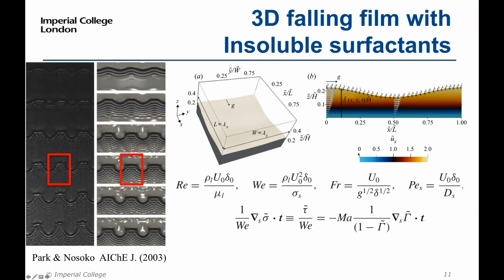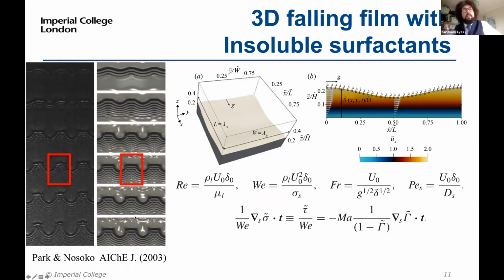And here what we are doing is insoluble surfactant. So the control parameters are the Reynolds number, the Froude number, and for the surfactant, the Peclet and the Marangoni numbers.